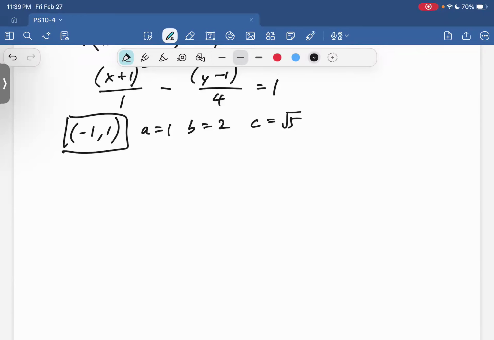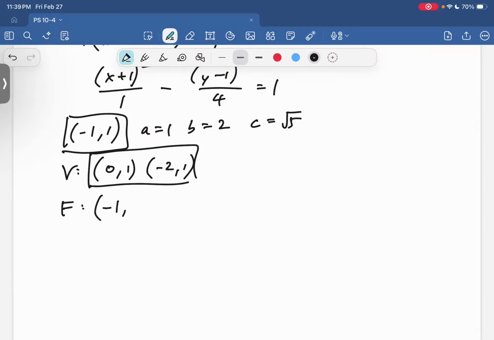So my vertices will be at 0, 1 and negative 2, 1. My foci are at negative 1 plus or minus root 5.